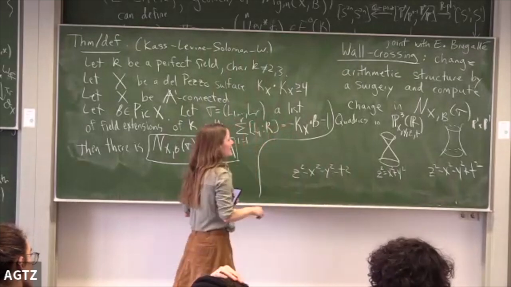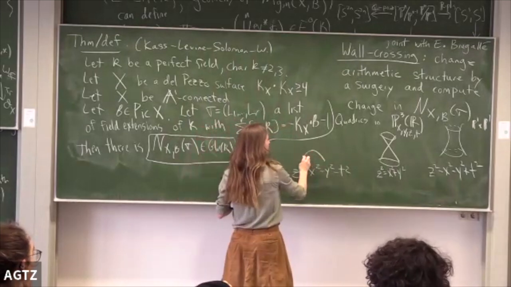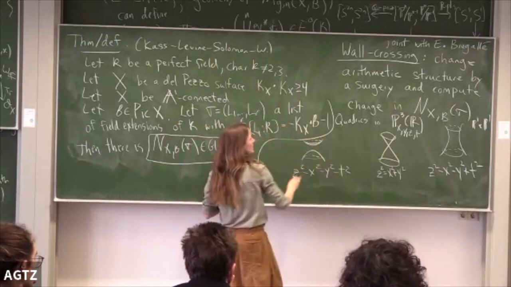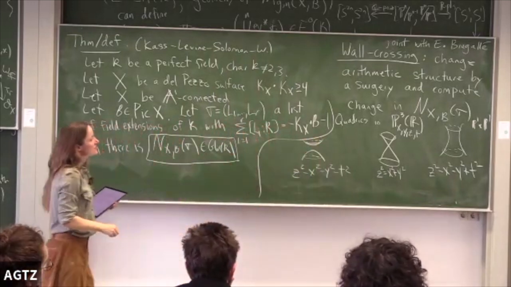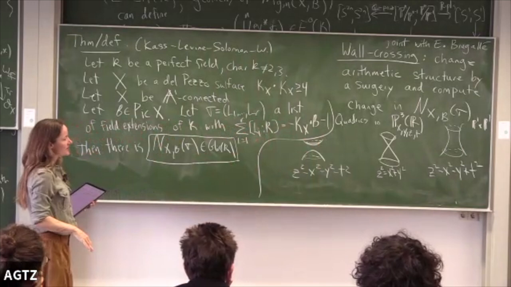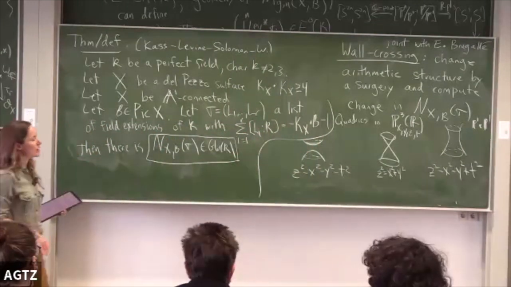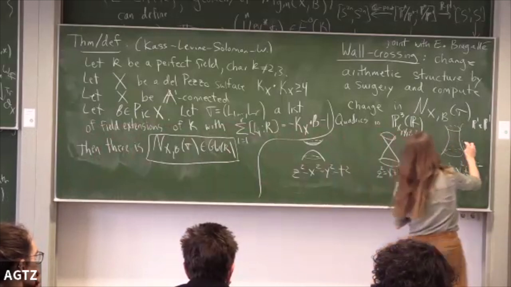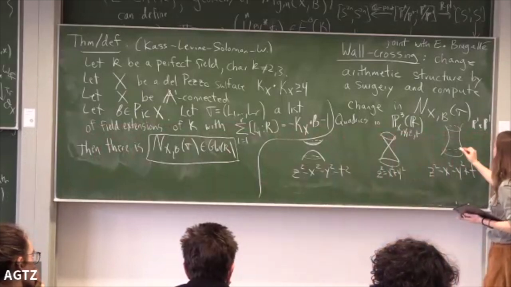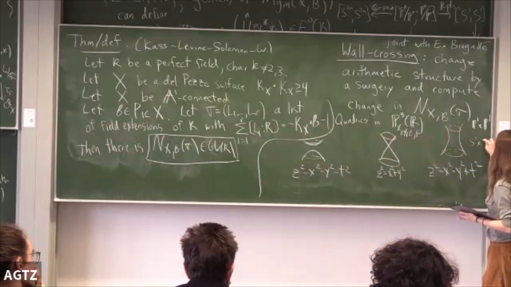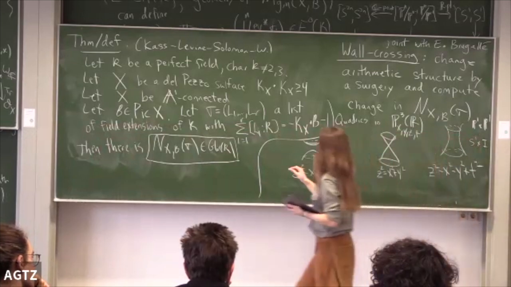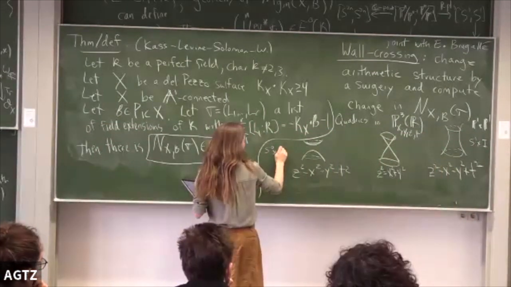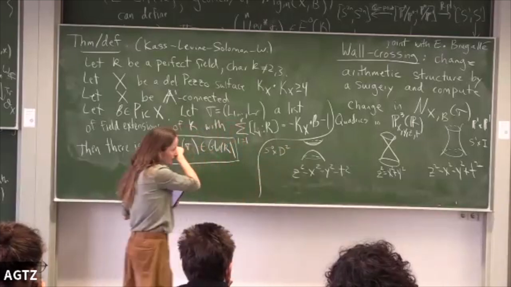And this looks like, in its real points, we've cut out an S1 cross an interval, and we've glued in an S0 cross a 2 disk.